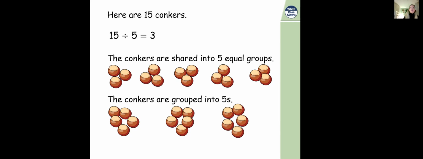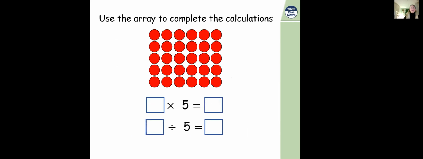Let's try another question. Here we've got a picture of an array. It says use the array to complete the calculation. There's lots of counters in that array. Let's look at the calculation underneath first.